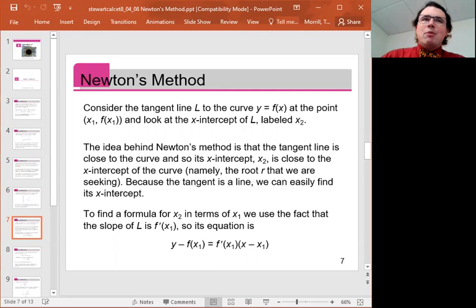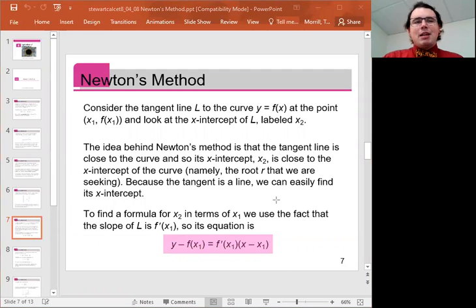So let's be a little bit more explicit here. The formula for a tangent line is given here using slope-intercept form. So y minus f of x1 must be equal to f prime at x1 times the quantity x minus x1.